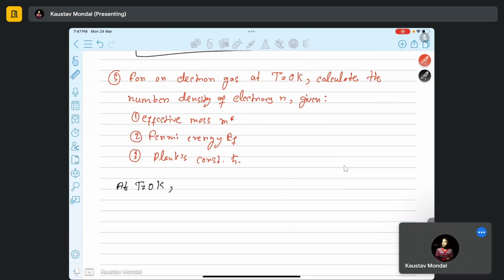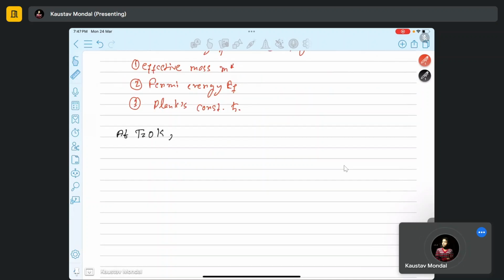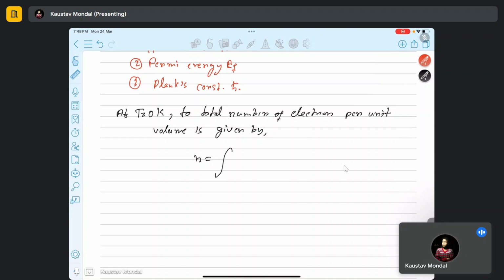For density the formula will be slightly different. The density means the total number of electrons per unit volume, and that is given by n equal to the integral from 0 to EF of dn by dE dE.